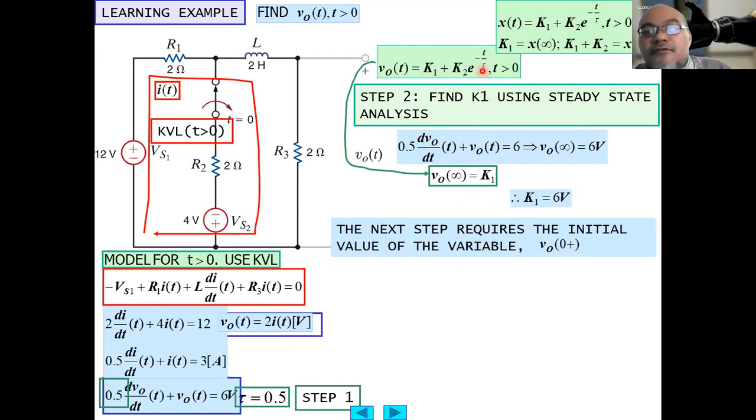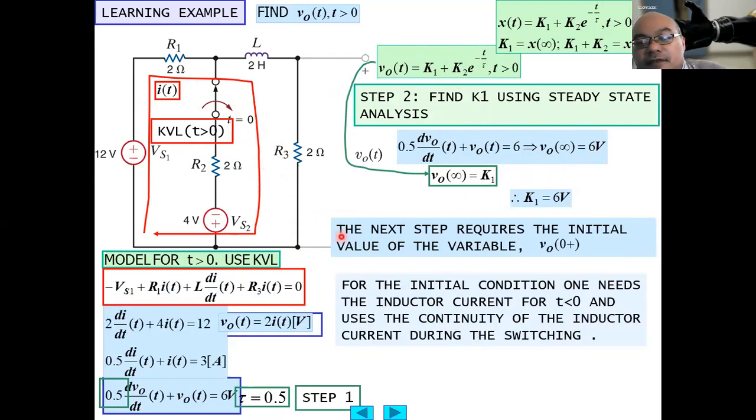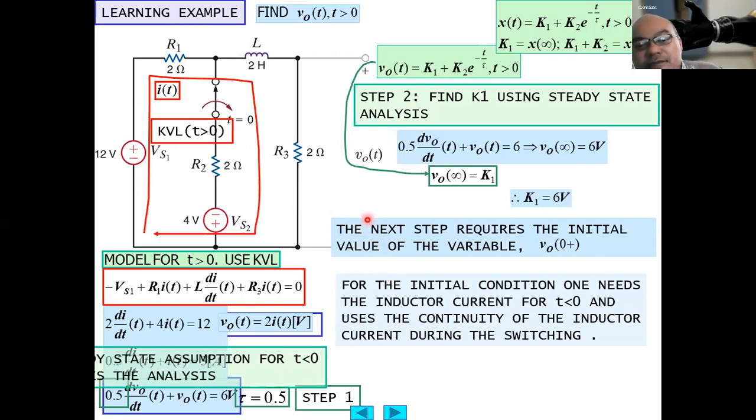The next step is to calculate K2. We need the initial value of V out just when the switch is turned off. For the initial condition, one needs the inductor's current for t less than 0 and uses the continuity of the inductor current during the switching, because in an inductor the current is continuous.